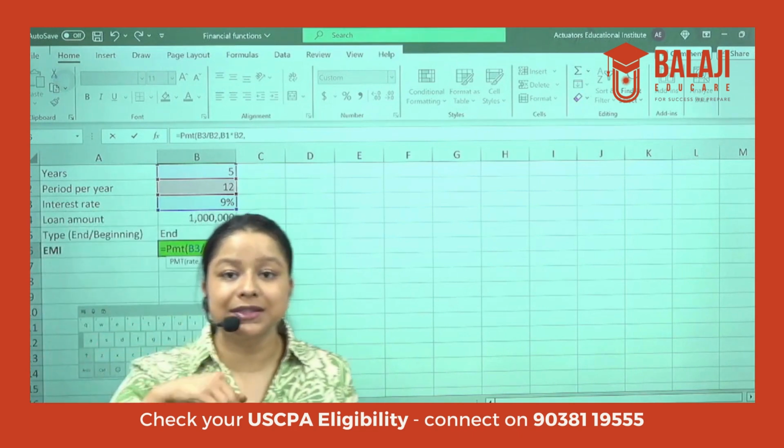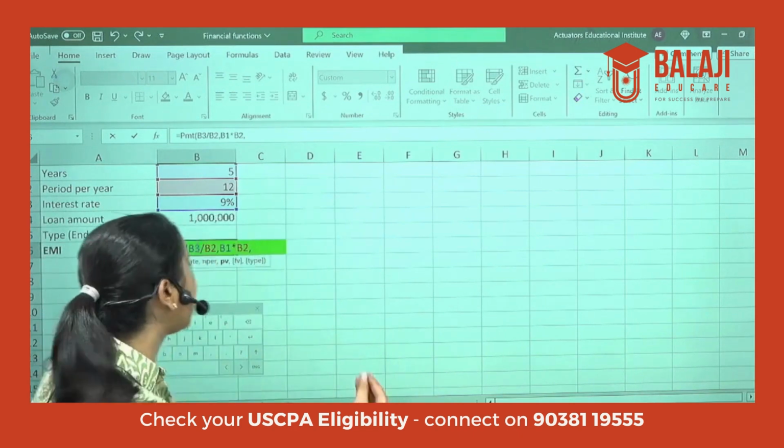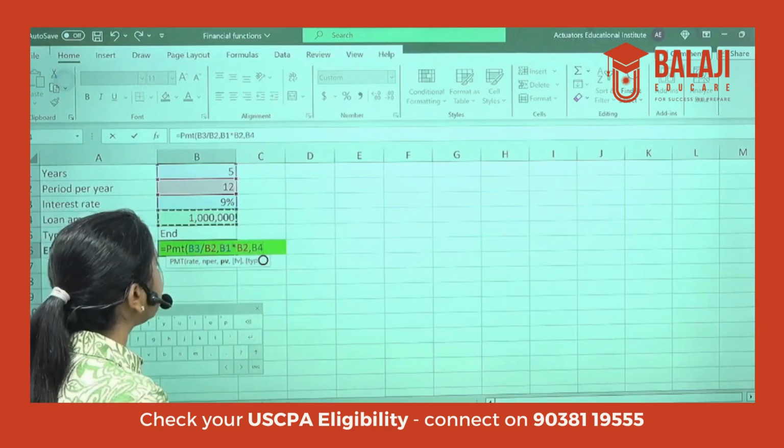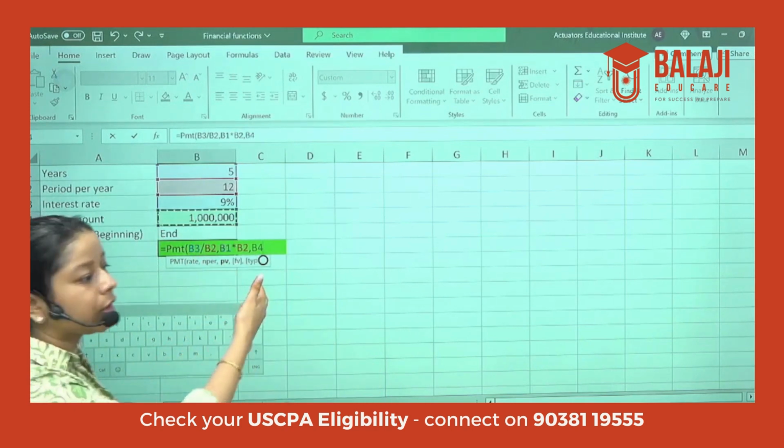Then we have present value. Present value is the value at time 0 of the loan amount that you have taken, which is 10 lakhs for us. If you have a future value, you can also give that.